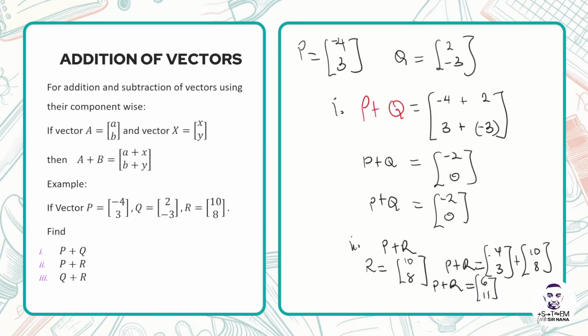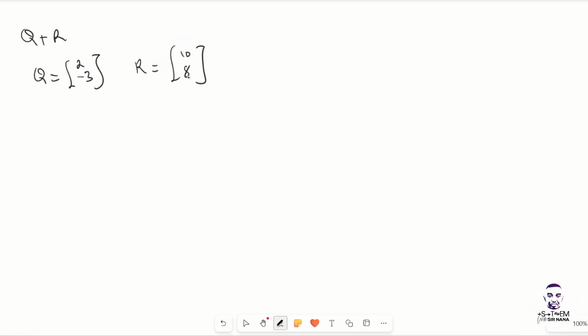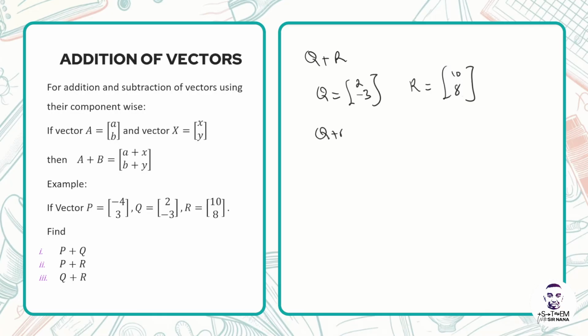Now let's look at the final one where you are asked to find Q plus R. Now we know our Q is equal to 2, negative 3, and then our R is equal to 10 and 8. So that implies that our Q plus R, we are just adding. So we have 2 plus 10 for the top part.